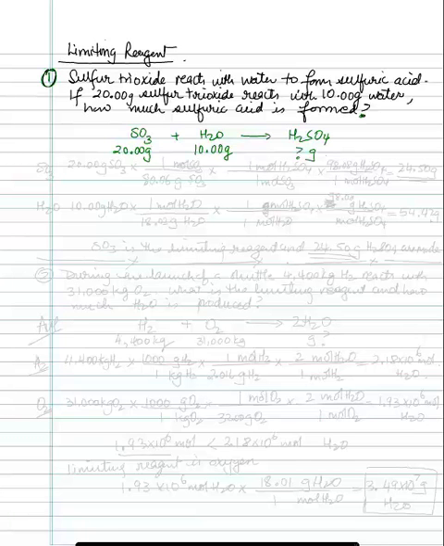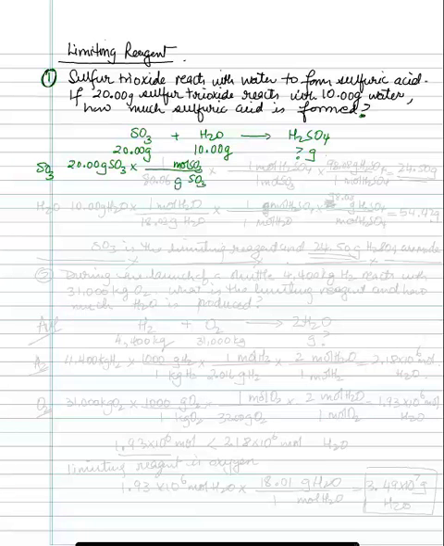So this is a limiting reagent problem, because you have to figure out which of these two reagents is going to stop the reaction. So let's start with sulfur trioxide, and our strategy is the same. We'll convert the 20.00 grams of sulfur trioxide to moles of sulfur trioxide.